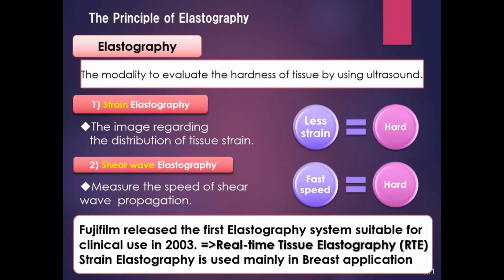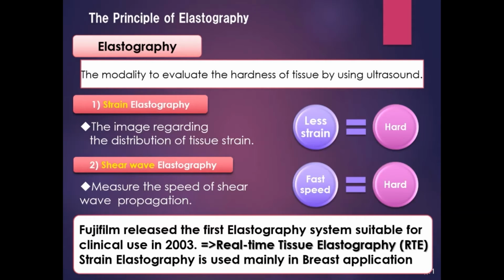Elastography is a modality to evaluate the hardness of the tissue by using ultrasound. It has two methods: strain elastography, to visualize strain distribution generated by manual compression, and shear wave elastography, to evaluate the hardness from the propagation speed of shear wave in the tissue.